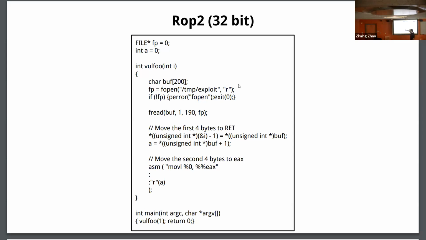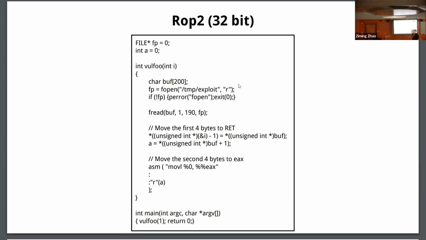Then we move that value to the register EAX. So you have to overwrite two things here, in total 8 bytes. We are only working on 32-bit here. If we work on 64-bit, I need to change this part a little bit. So you are overwriting the return address, and you are overwriting EAX. That's it.